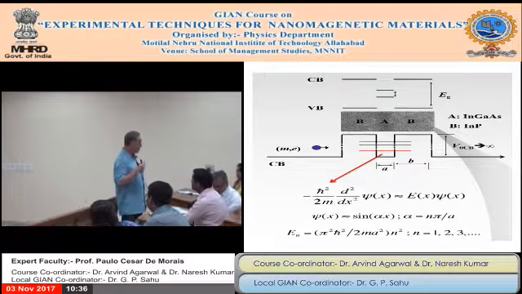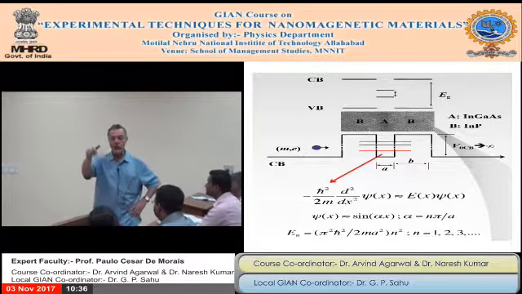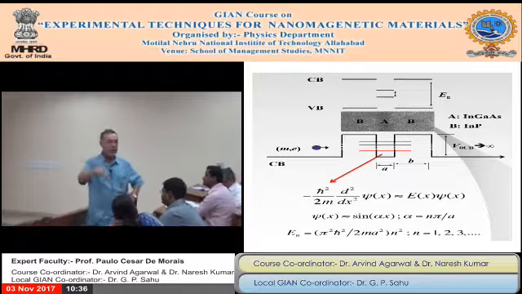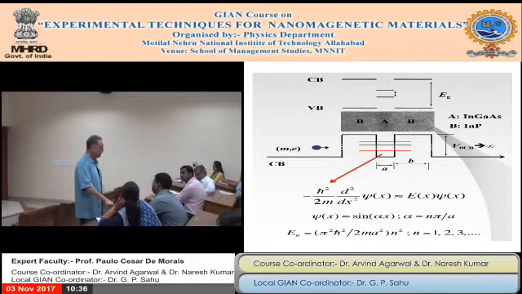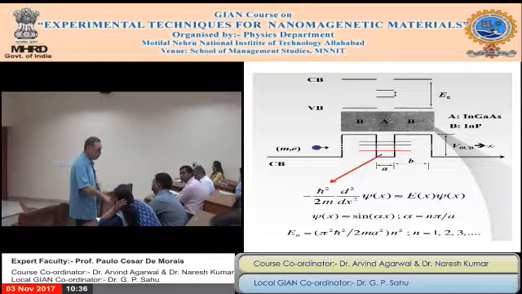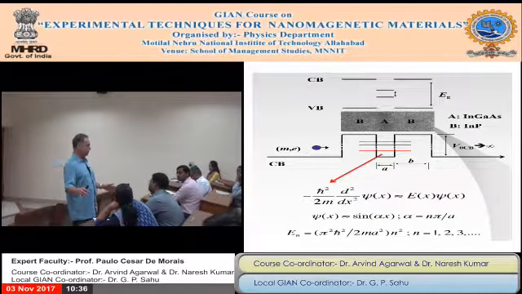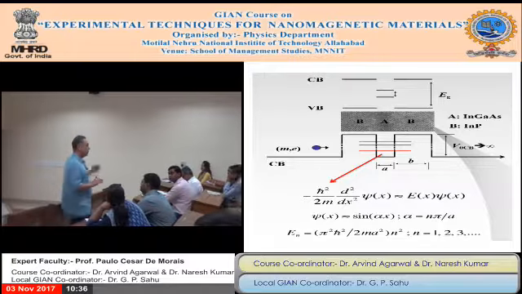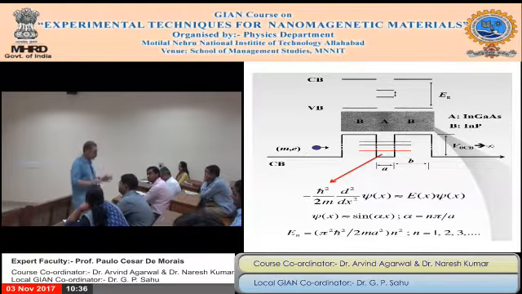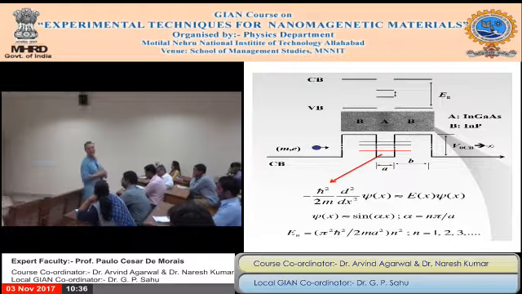If you want to describe the interaction of one electron inside a solid, it means the interaction of this electron with all atoms in the solid, which is very complicated. It is possible, but complicated.